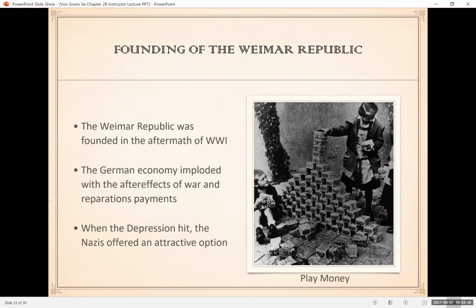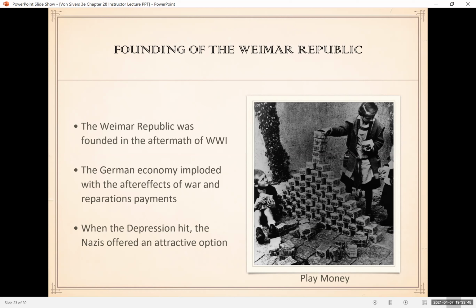And in order to put down these street battles, the Weimar government basically told all the soldiers that had come back from the front, who still had some of their uniforms, who still had weaponry, "We want to form a militia known as the Freikorps, and here's weapons, and here's armored vehicles.